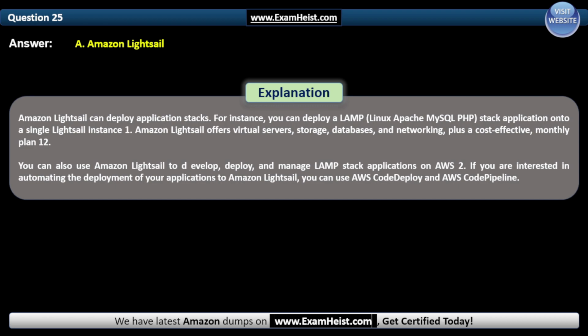You can also use Amazon Lightsail to develop, deploy, and manage LAMP stack applications on AWS too. If you are interested in automating the deployment of your applications to Amazon Lightsail, you can use AWS CodeDeploy and AWS CodePipeline.